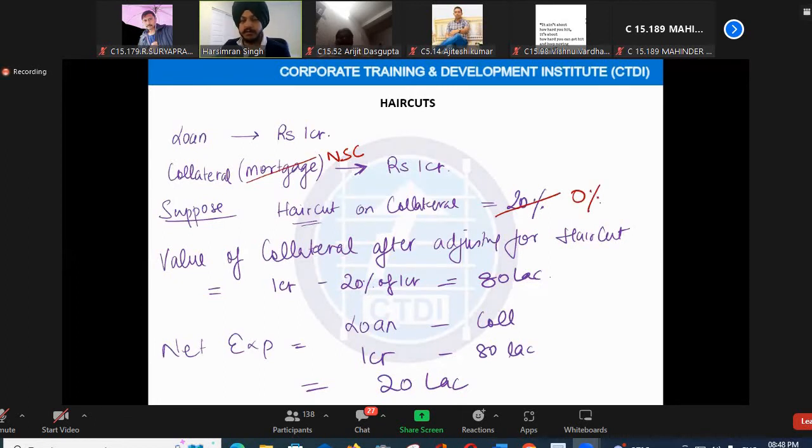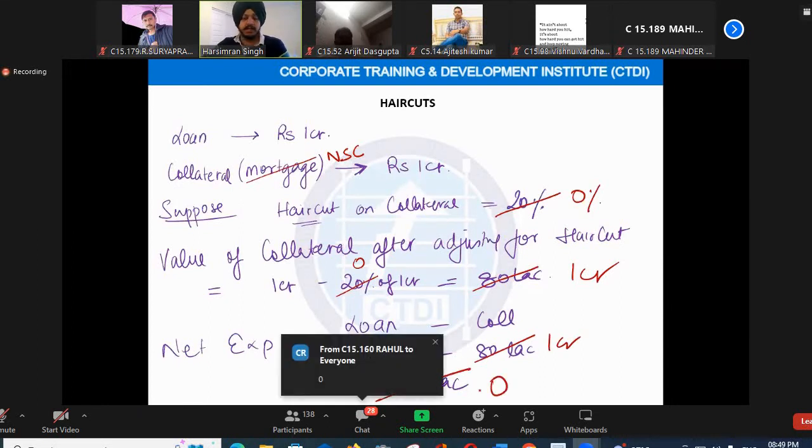That means whatever value you have in a National Saving Certificate, you can get the full value. If you have an NSC of 1 crore, you will get 1 crore, but while selling a property you may not get 1 crore. So in this case, the value of collateral after adjusting the haircut will be 1 crore only. Yes or no? So in this case, the exposure will be 0. Did you understand the concept of haircut?